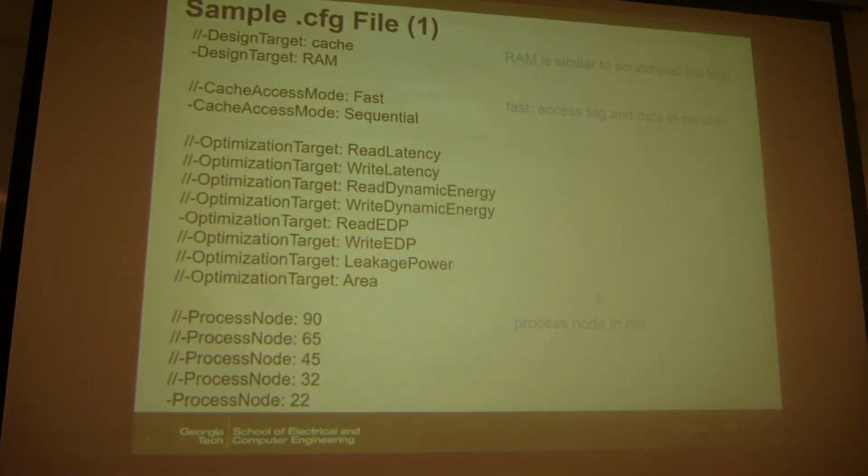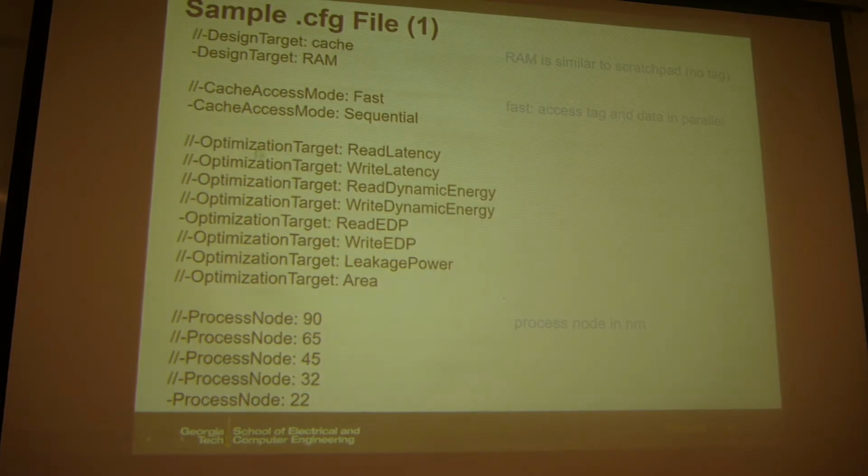And here we're going to see some sample files from the tool. This one is the configuration file. In this configuration file, you're going to define some of the targets you may want to optimize.